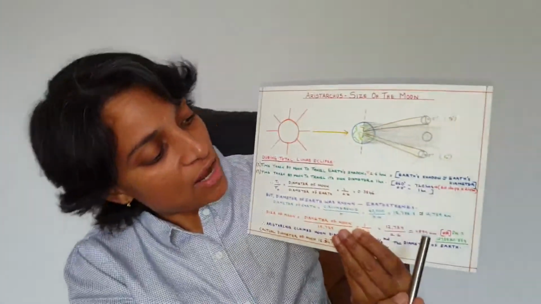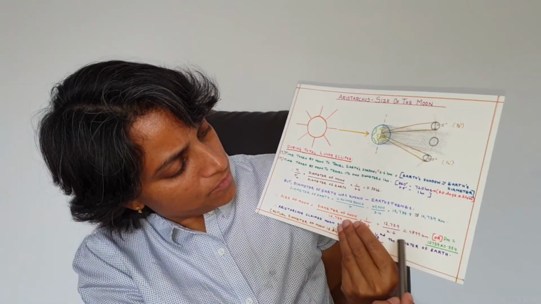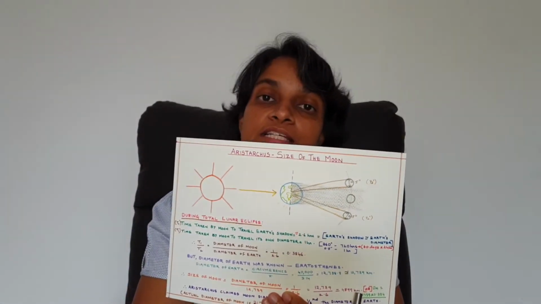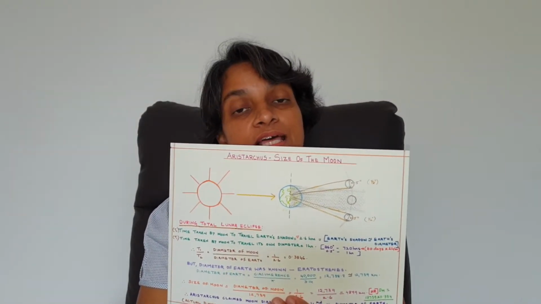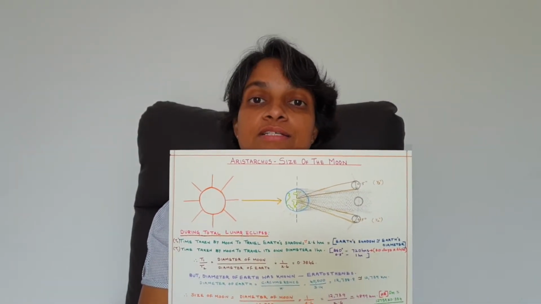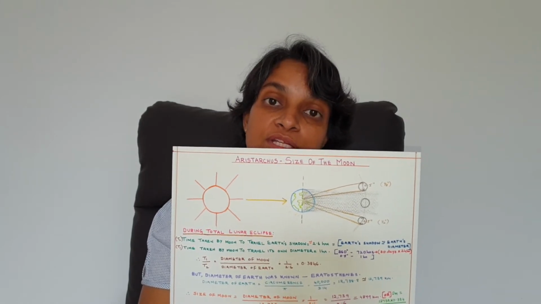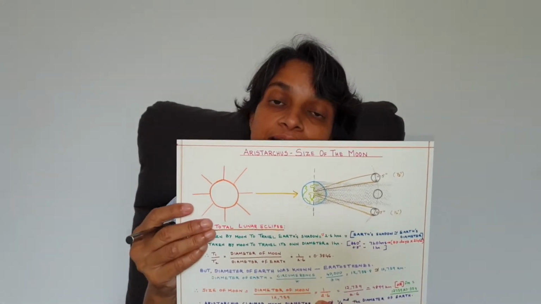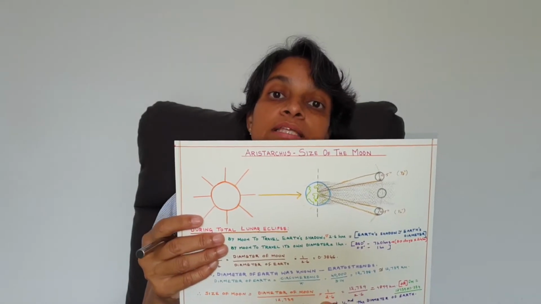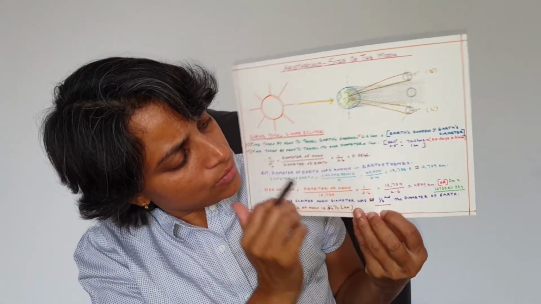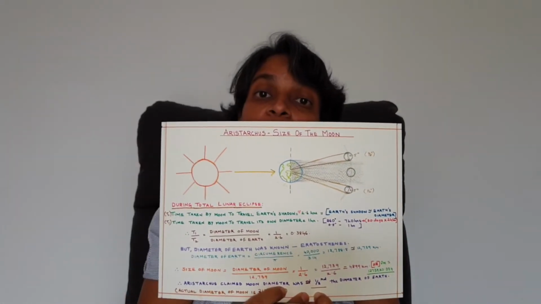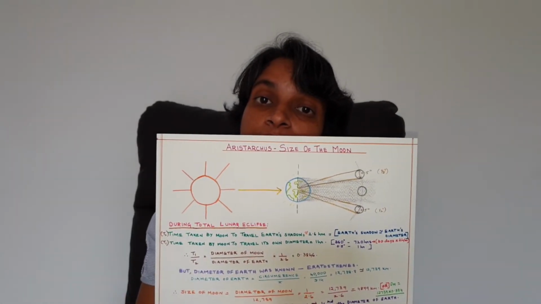That is somewhere around 4,899 kilometers. And that is how Aristarchus calculated the diameter of the moon, and he said that the diameter of the moon is one third the diameter of the Earth.